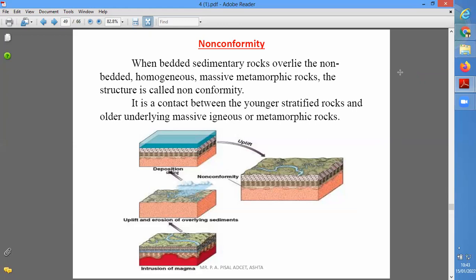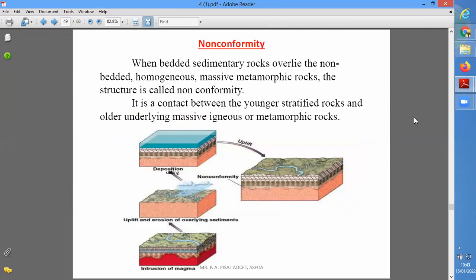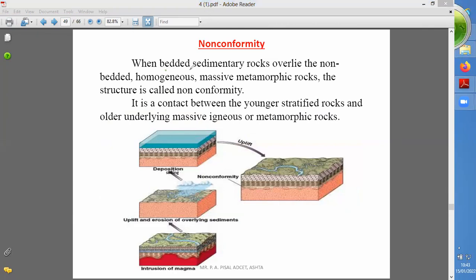Okay, now just a minute. Here, first we will see the meaning of non-conformity. Now, when you look here, the meaning of non-conformity: when bedded sedimentary rock, bedded means having different layers.